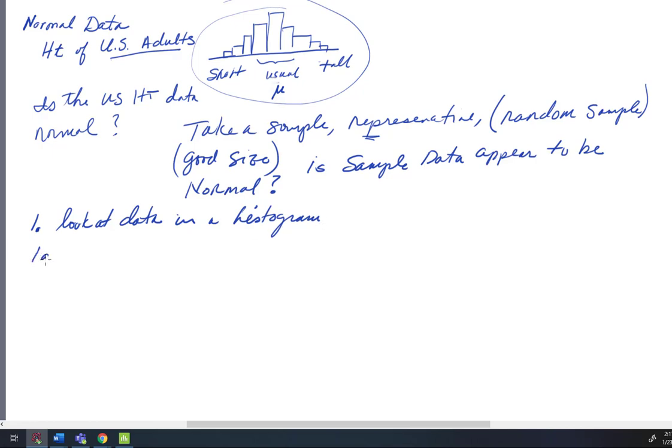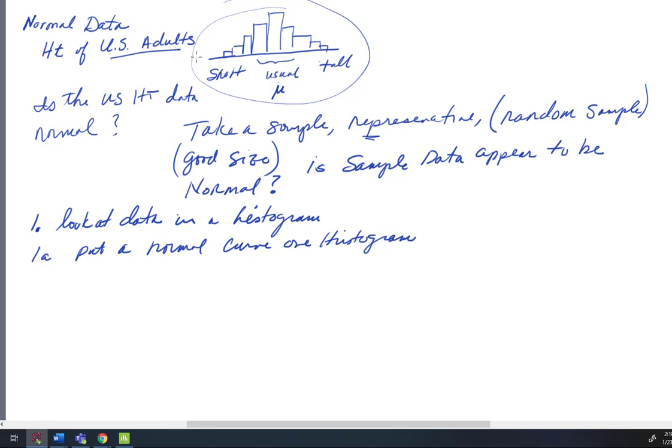Now, sort of 1A would be to put a normal curve over the histogram. That would help you visualize how normal the data really is.